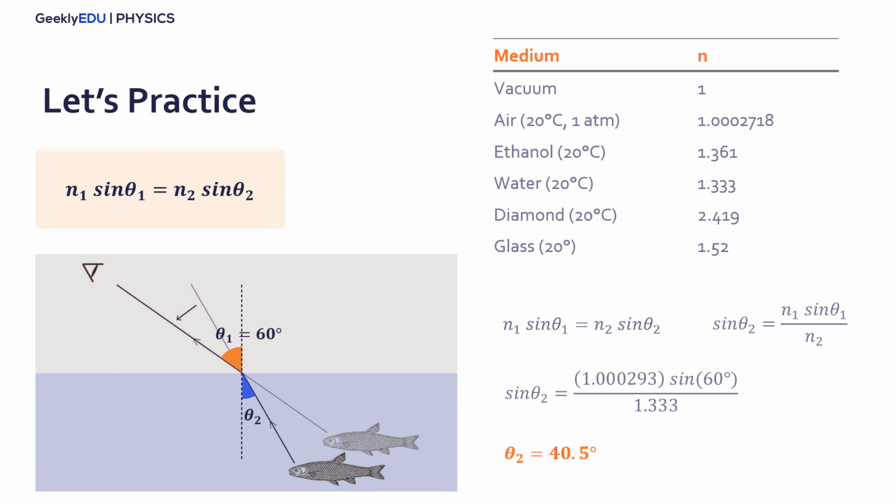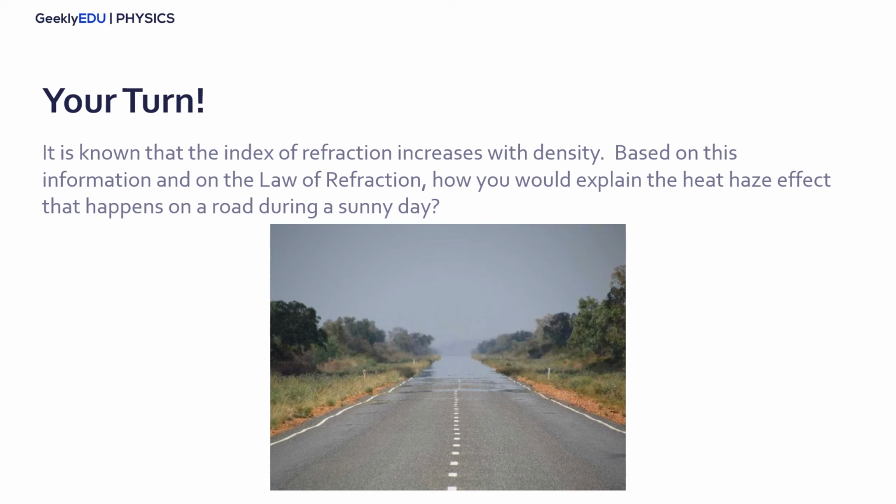Okay, now it's your turn to think about everything we've seen in this lecture. It is known that the index of refraction increases with density. Based on this information and on the law of refraction, how would you explain the heat haze effect that happens on a road during a sunny day?